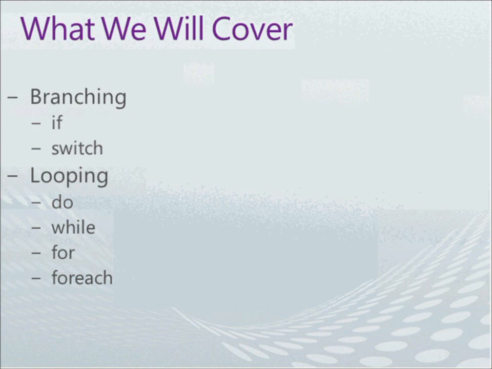And then the derivative of the branching is something that we call looping, where we can re-execute the same code over and over based on some conditions that we set, similar to the if statement. So we're going to take a look at all of these types of branching with the if and the switch, and looping with the do while, the for, and the foreach statements in today's webcast.